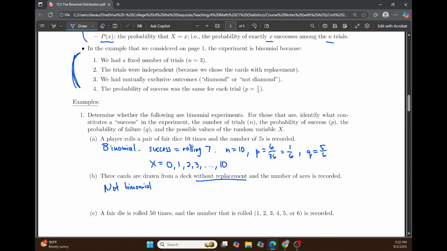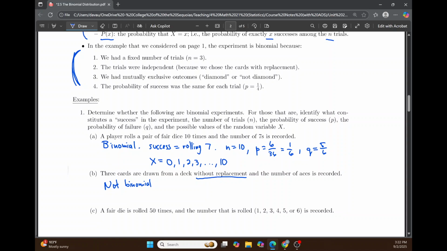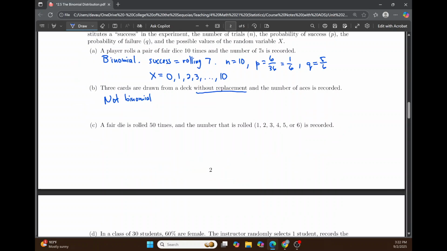Okay, part C. A fair die is rolled 50 times, and the number that is rolled, 1, 2, 3, 4, 5, or 6, is recorded. Well, once again, this is not a binomial experiment. In this case, it's not because the probability of success isn't the same. It's because there is no success that's been defined, right?